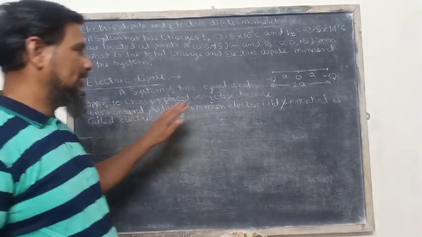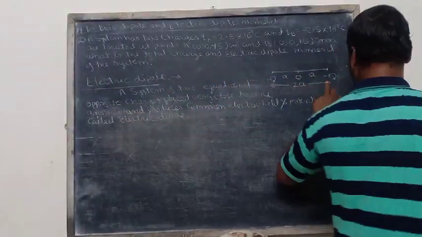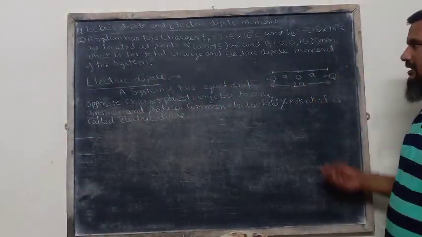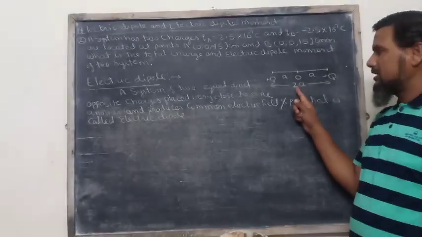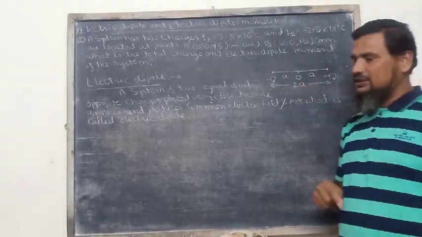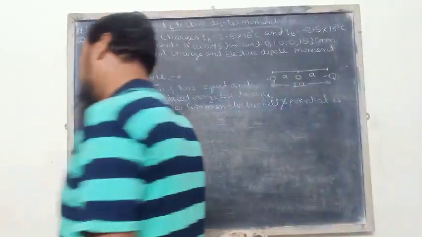So when two equal and opposite charges are placed very close to one another, they behave like a single unit and produce a common electric field and potential. This is called an electric dipole.